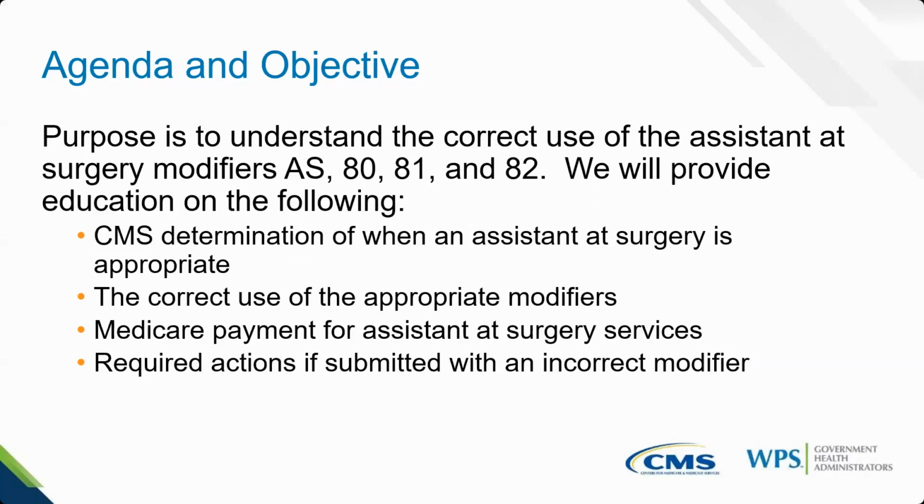Each of these have a specific meaning and they have specific processing instructions for us as your Medicare contractor. So we're going to provide information on the CMS determination of when an assistant at surgery is appropriate. And we'll provide you in the resource section the links where you can go to find that information.